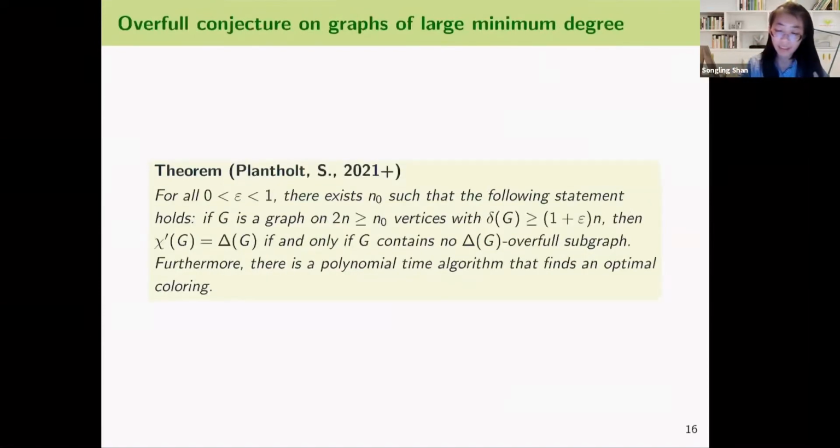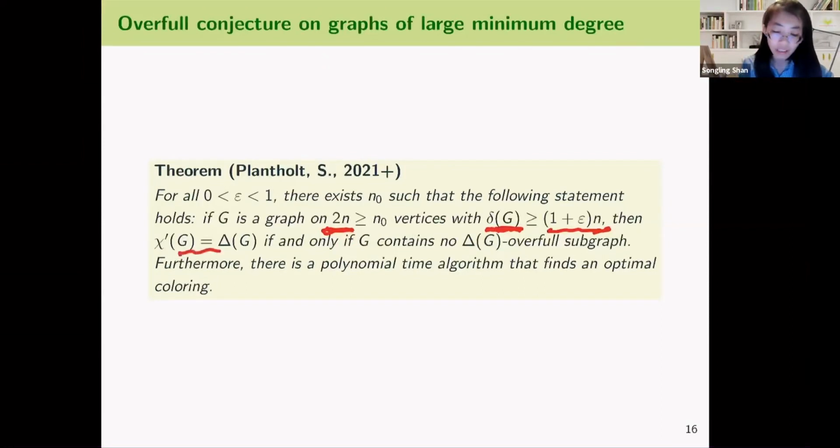As an asymptotic generalization, with my colleague Planthold, we showed that for even n, we just assume the graph has 2n vertices, and instead of saying the graph to be regular, we require the minimum degree of the graph to be about 1 plus epsilon n, so epsilon n above half of the vertices.